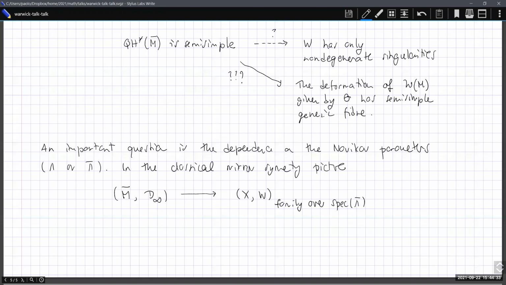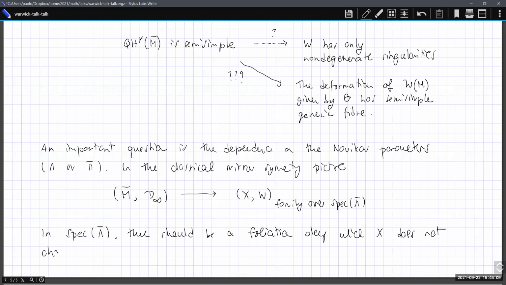So there are obviously two things that make up this geometric object: one is X and the other is W. So in spec lambda bar, or more precisely spec lambda, there should be a foliation along which X does not actually change, but W changes.